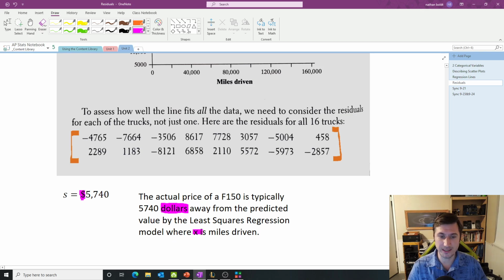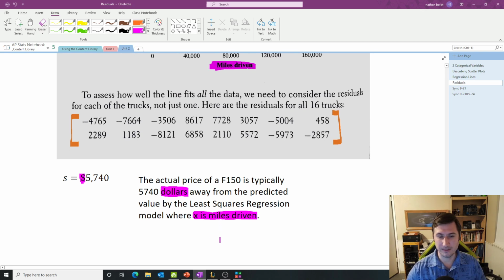And this is important that you tell me, what are we using to predict in this case, where X is miles driven? We think the miles driven will predict the price. And so with the dollars, I have the Y value sort of given context. I need to give the X value context as well. Otherwise, maybe we were just using the year model to predict, or something like that. It could have been anything. So it's important to put that bit of context into your writing.